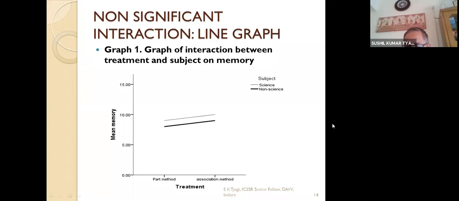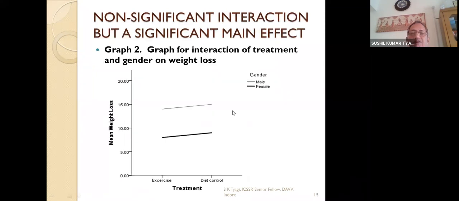Now I come to another example. This is another example of a graph of interaction of treatment and gender on weight loss. Now we have two treatments, exercise and diet control. People trying to lose weight are advised to exercise and are advised diet control.